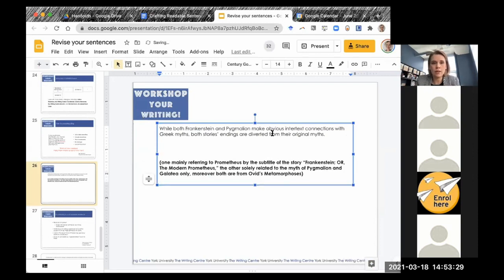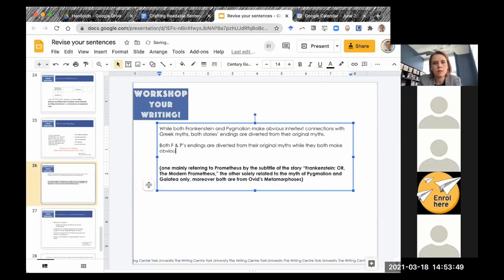So we could rewrite this as both Frankenstein and Pygmalion's endings are diverted from their original myths, while they both make obvious intertextual connections with other Greek myths.